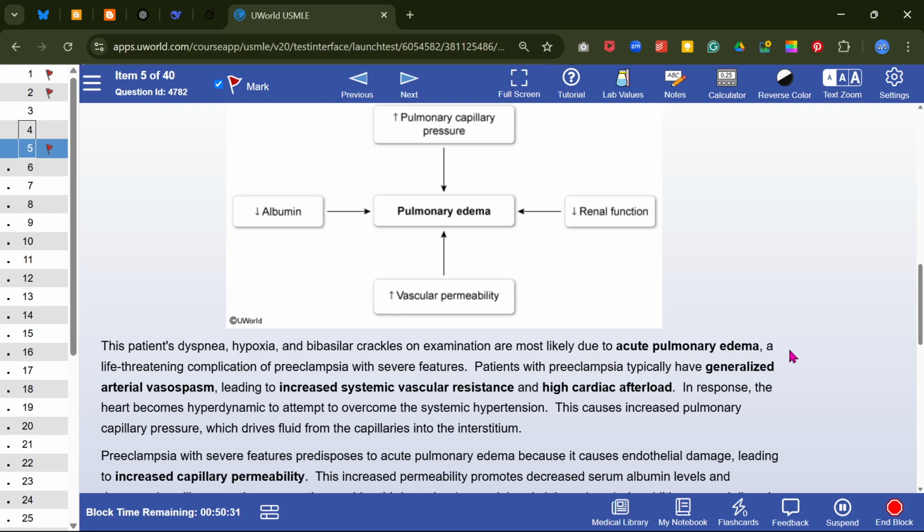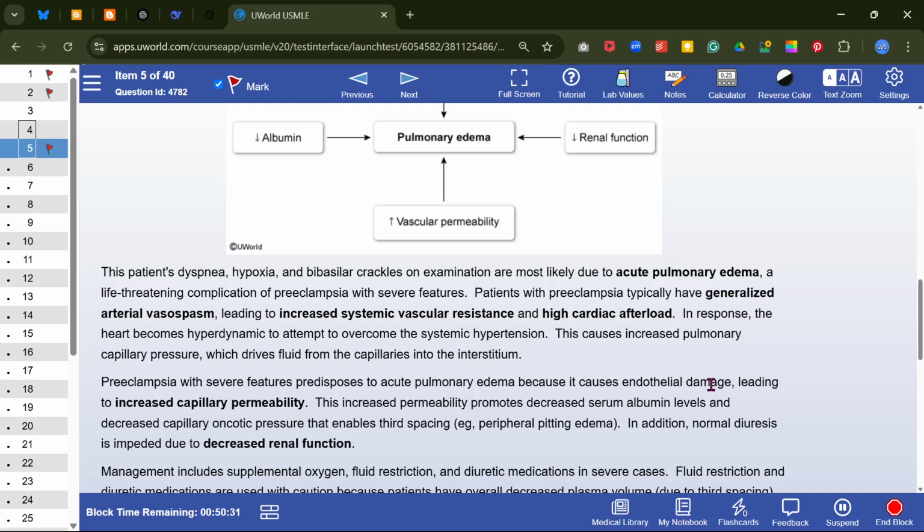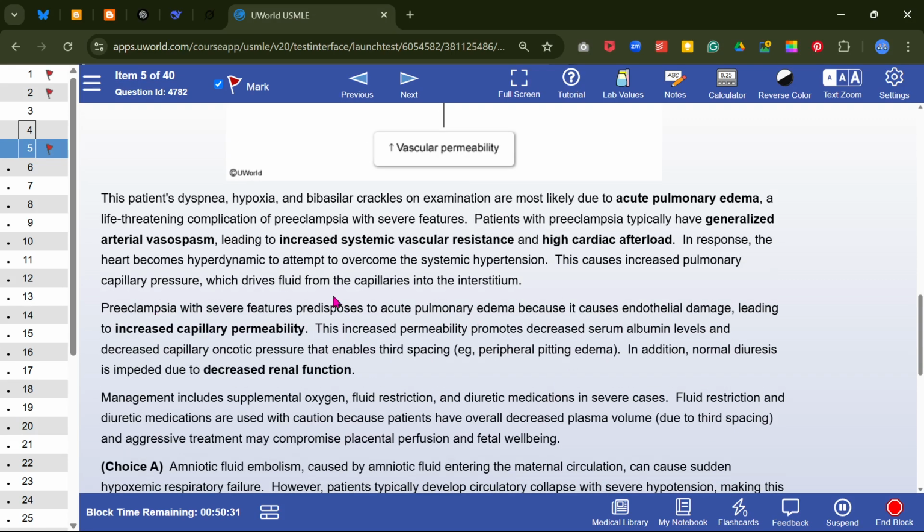Patients with preeclampsia typically have generalized arterial vasospasm leading to increased systemic vascular resistance and high cardiac afterload. In response, the heart becomes hyperdynamic to attempt to overcome the systemic hypertension. This causes increased pulmonary capillary pressure, which drives fluid from capillaries into the interstitium.